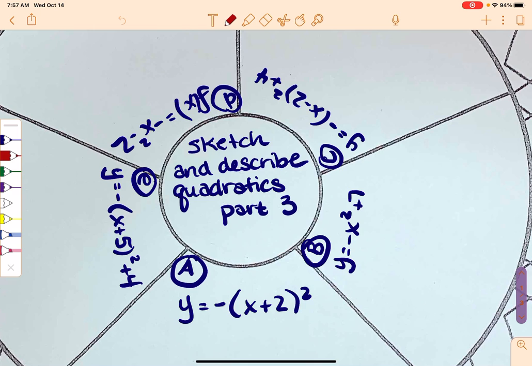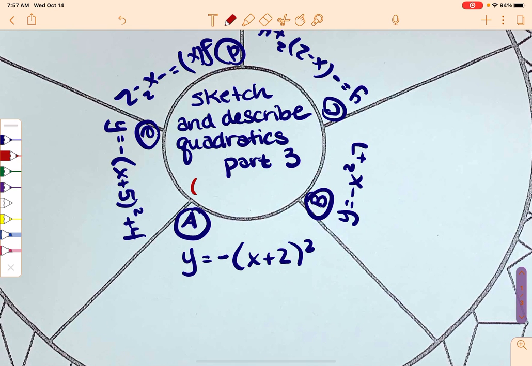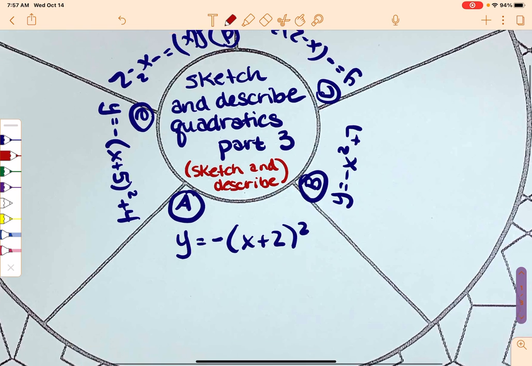So don't be worried that you need to have some specific graph paper. You won't have to worry about that. It's only sketching. And again, directions for all of these are sketch and describe. So I'm not going to write the same directions 5 times. I'm just going to have us know we're going to do that with all of them.